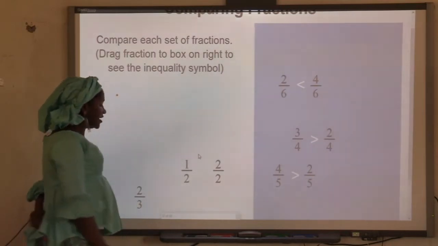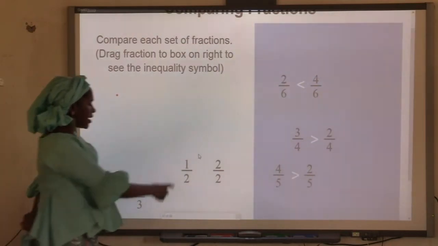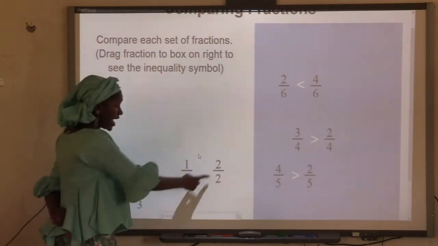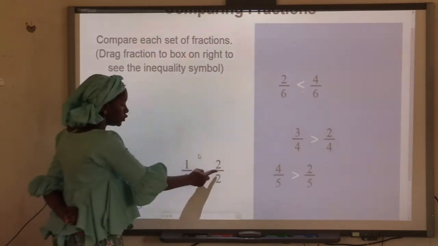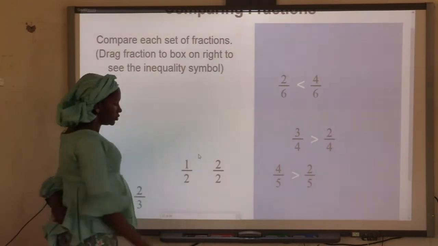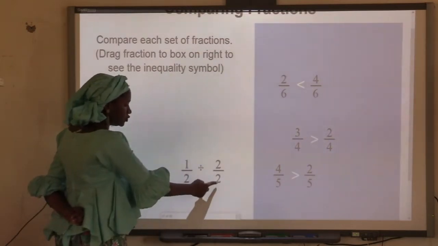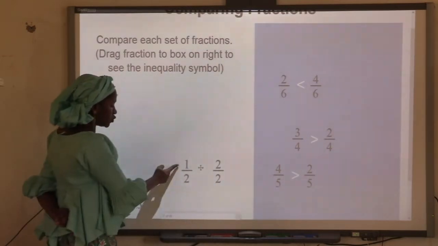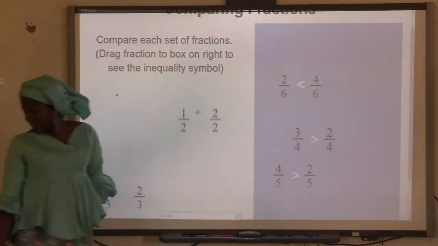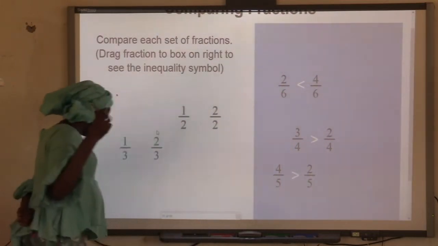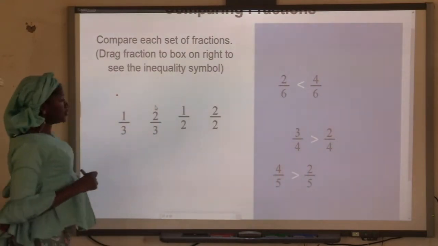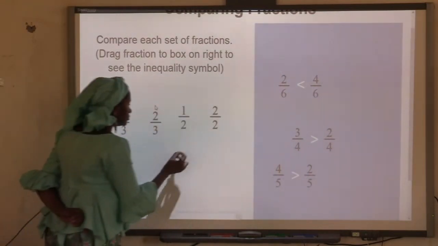The next step is half and 2 over 2. 2 over 2, and this is 1 over 2. Which one is greater? I can show you this using a picture.